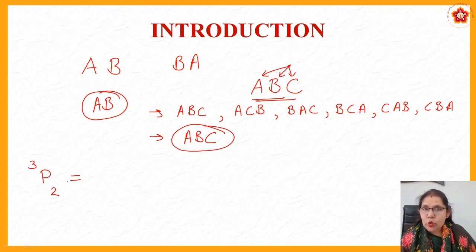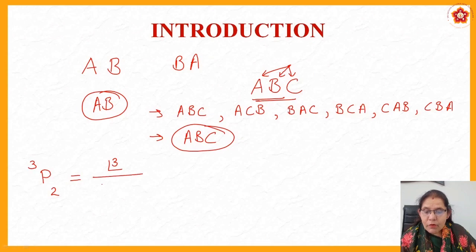At a time we can choose only two objects. That means out of A, B and C we can either take AB or we can take AC or we can take BC. So if we take only two objects at a time, how do we represent it? We represent it as 3P2. Total were three objects and out of which we are choosing at a time two. So we will be representing it by 3P2.